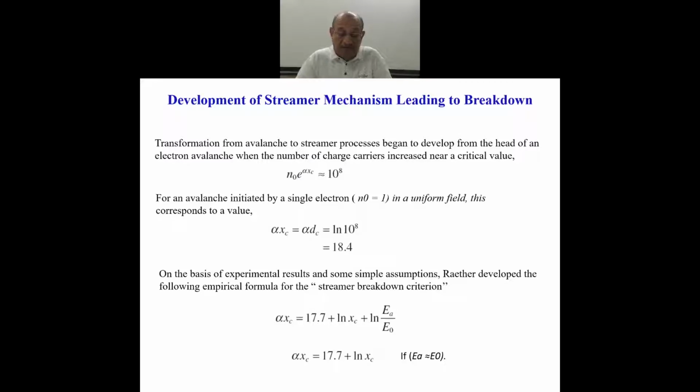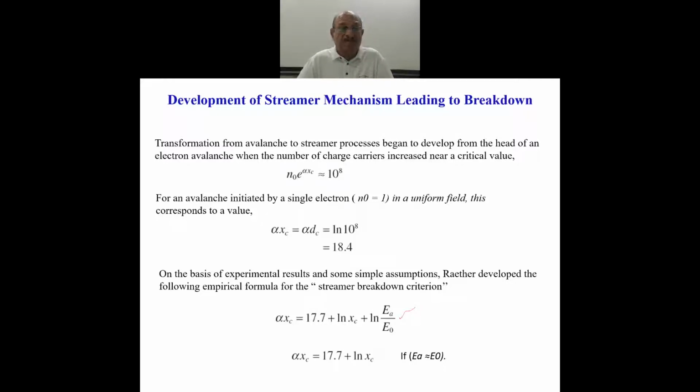The streamer came up with a criterion for breakdown in a uniform field, obviously. Here a new electric field is taken into consideration. EA, as you see it here, is taken into consideration, and A is for avalanche.